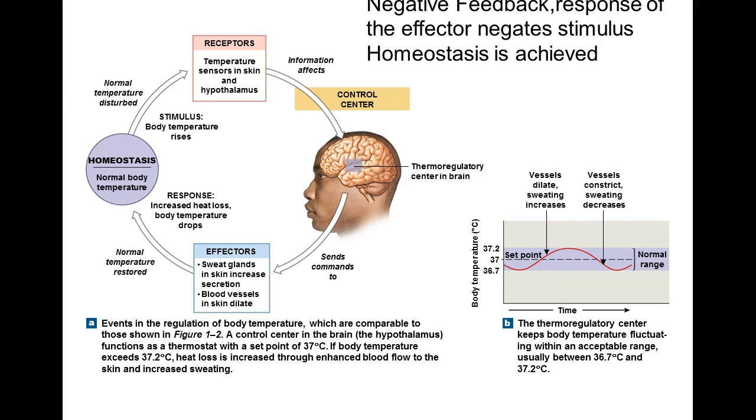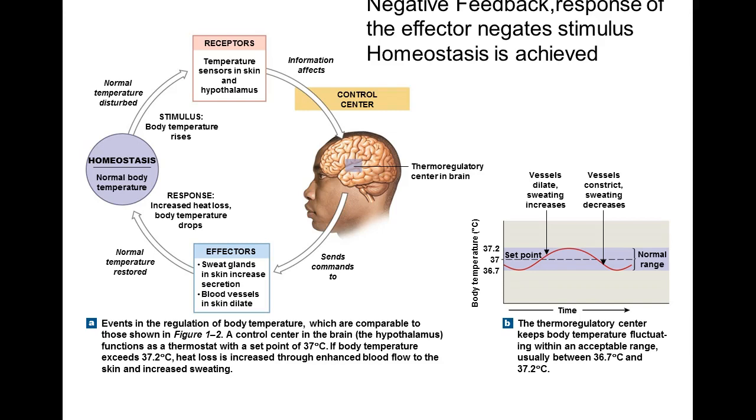And the brain will then send via the effectors, or the pathway away from the brain, a message to negate that stimulus that is putting you out of homeostasis, and then homeostasis will be restored. That's what we call a negative feedback.